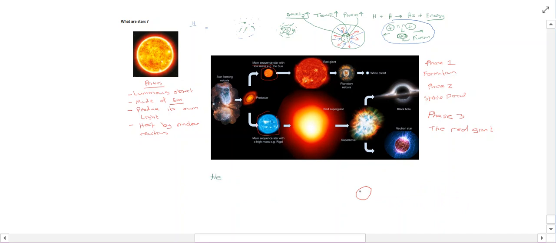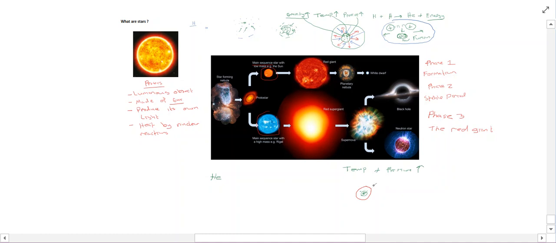Imagine within the core you're going to get more and more helium being produced, so you get this dense core of helium. With this dense core of helium, the temperature and pressure are going to go up even more, and the force of gravity is also going to go up.